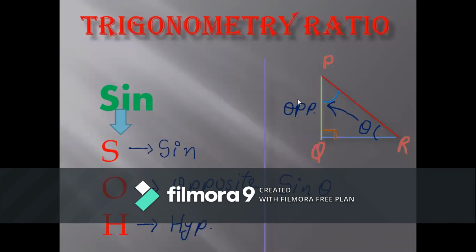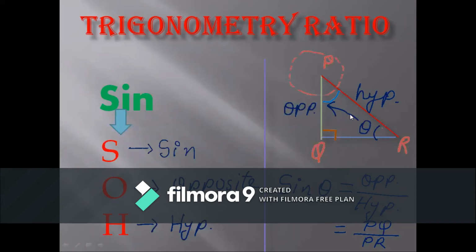So we take this as the opposite side, and as we know, the side opposite to the right angle is the hypotenuse. So sine theta will be opposite upon hypotenuse. We can write that the opposite of R is PQ and the hypotenuse is PR.